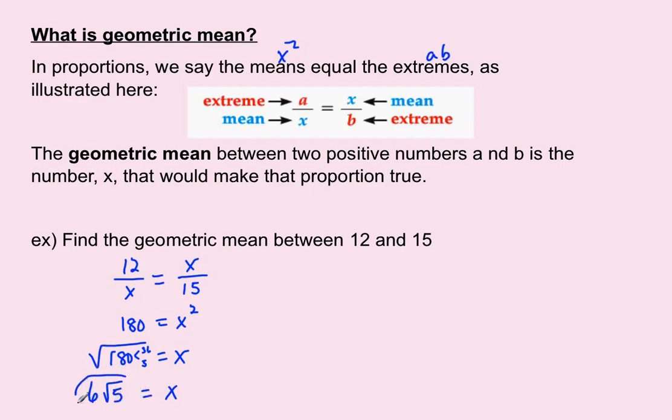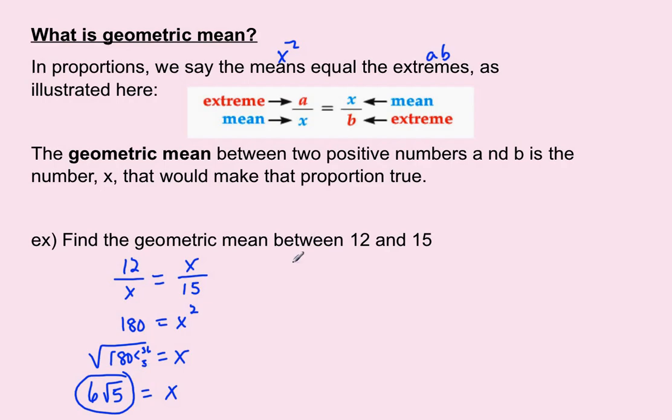So the geometric mean of 12 and 15 is 6 times the square root of 5 exactly. We could figure out the approximate decimal value, but you know us, we want exact values. So we're going to leave it as 6 times the square root of 5. What does this mean?